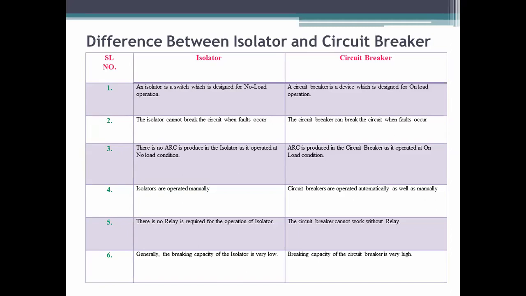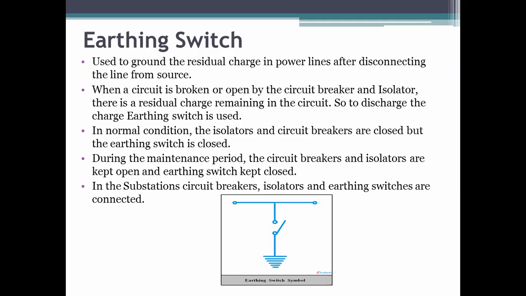Now the next point is the earthing switch. This is the last point of our chapter. This earthing switch is simply a switch we are connecting, and this switch is connected to the ground.